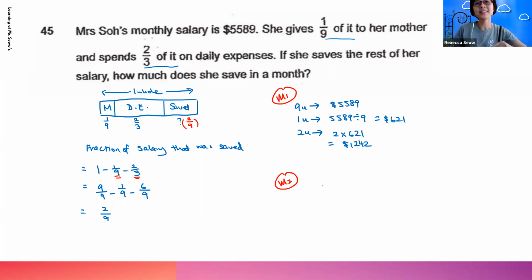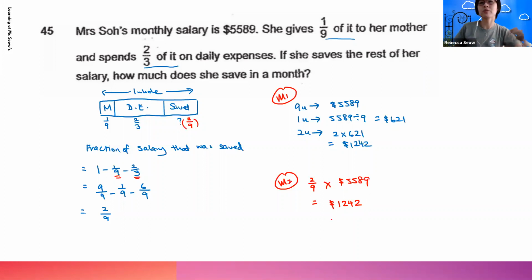So to find the amount that she saves in a month is actually 2/9 of 5,589. So straight away you will get 1,242. So both methods are workable. It's just that method 1 takes slightly more time, slightly more steps.